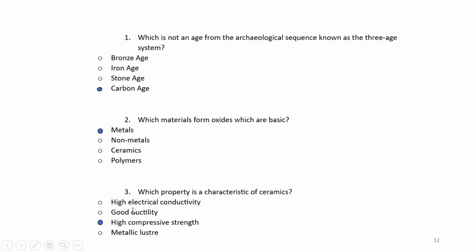So they are very poor conductors of electricity, most of them, and they are brittle as well. Okay, so they don't have good ductility as well, and they don't have metallic luster because they are ceramics oxides. Okay, so the correct answer will be high compressive strength, because in case of tensile loading they show poor strength, but in case of compressive strength they show good strength.